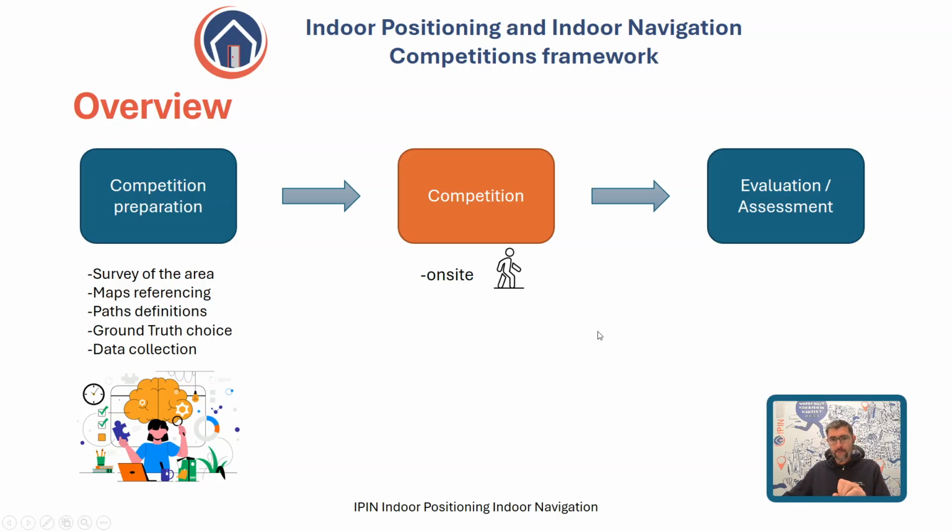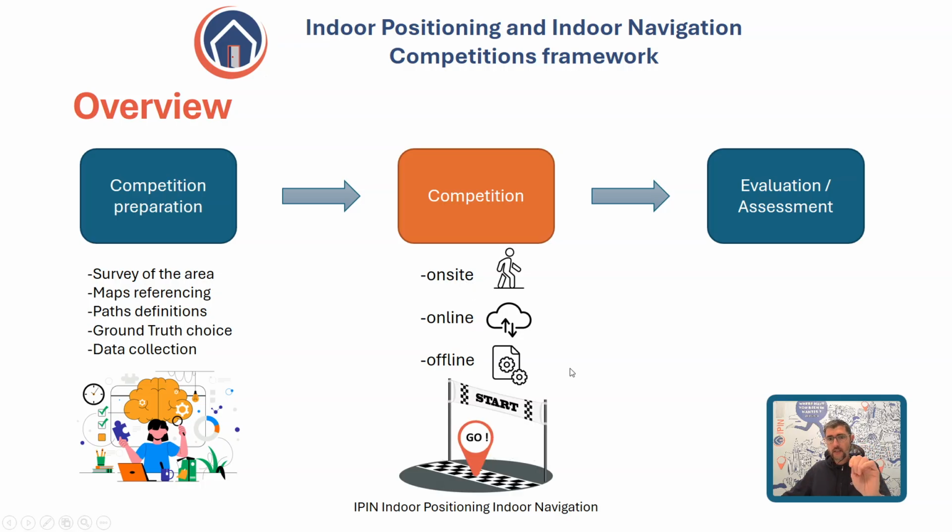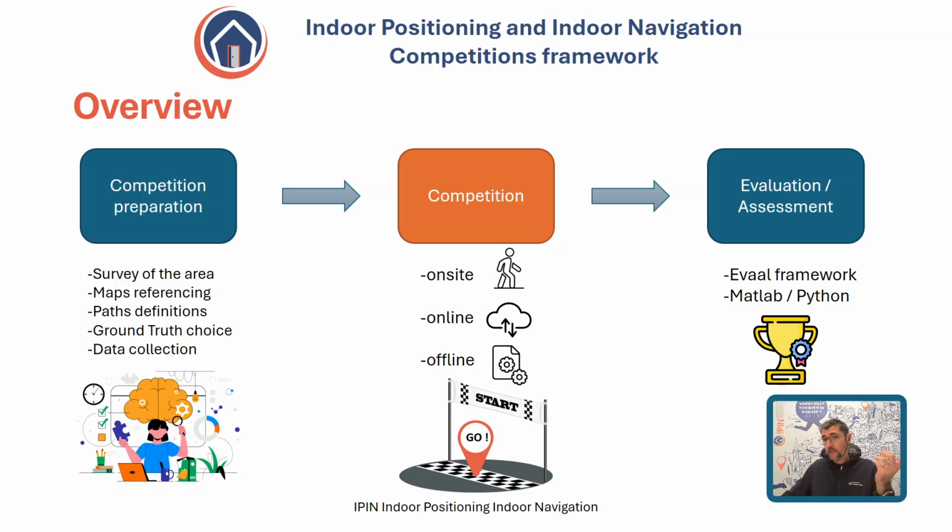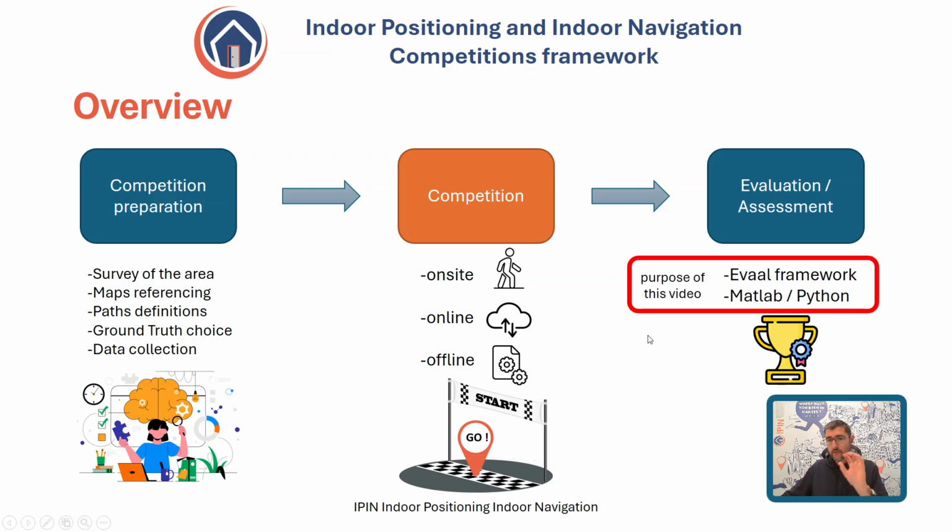Then the competition itself, with three different kinds of competition, as you can see: on-site, online, and offline. And the final step is the evaluation and assessment of the estimate. So this video is focused on that latest point.